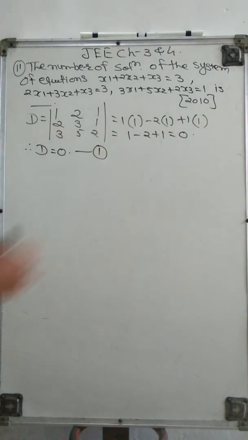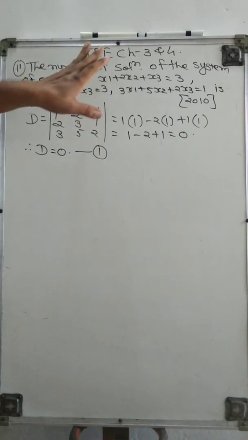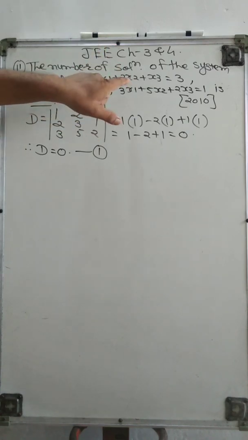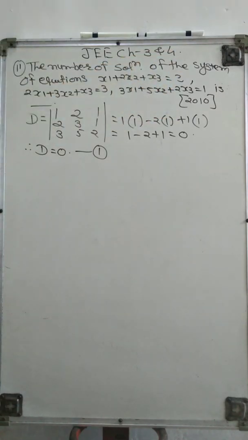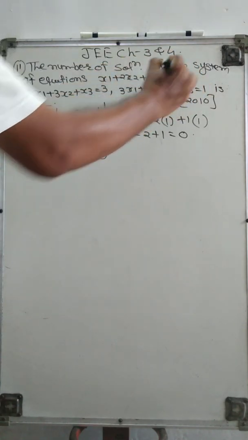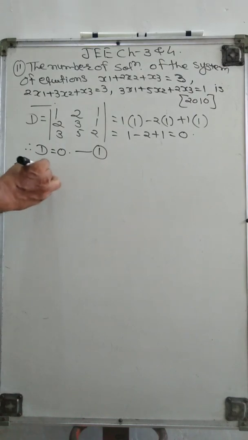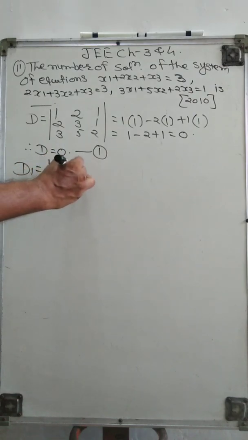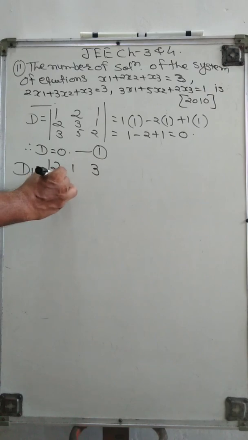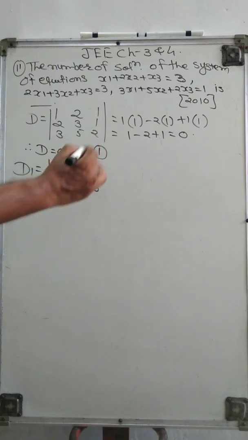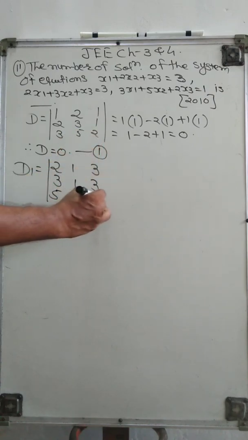First we find D, then the second one is D1. D1 means you hide the x1 column and put the constants in its place. Here the constant is 3. So D1 is equal to 2, 1, 3; 3, 1, 3; 5, 2, 1.